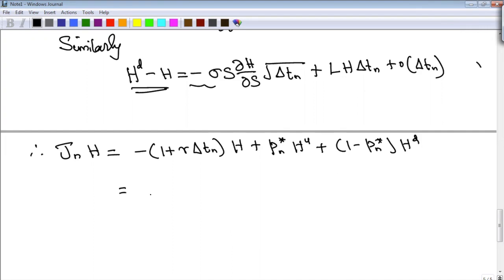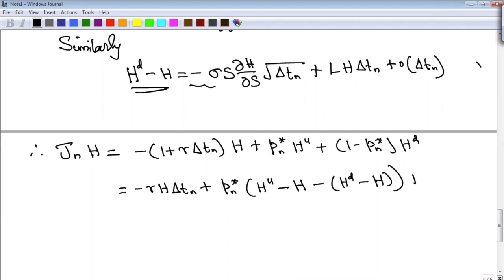This can be written as minus R h delta Tn plus Pn star into hu minus, I'll add and subtract on h, and there is a hd here. Pn star hd is there minus hd, and since I have subtracted h, I will add one h here plus 1 into hd, that I will put as hd minus, there is a h here, minus 1 into h, that h I will bring here.